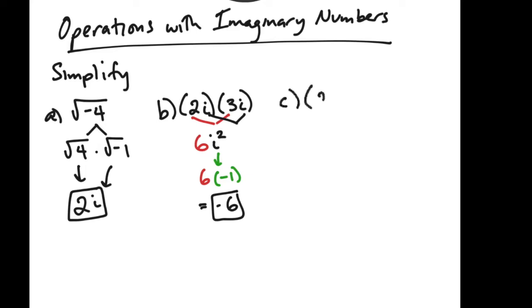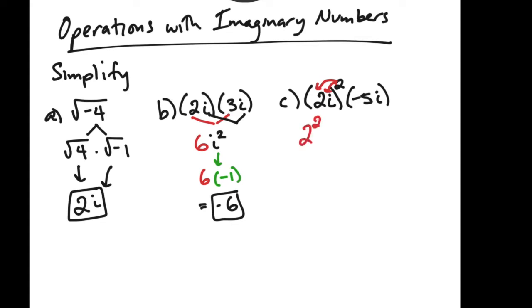What if it is 2i to the second power times -5i? Well, remember that we have to distribute the 2 to both.